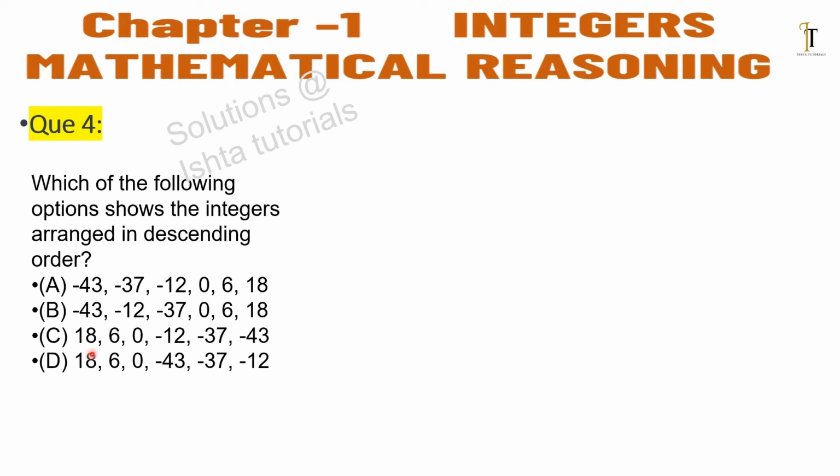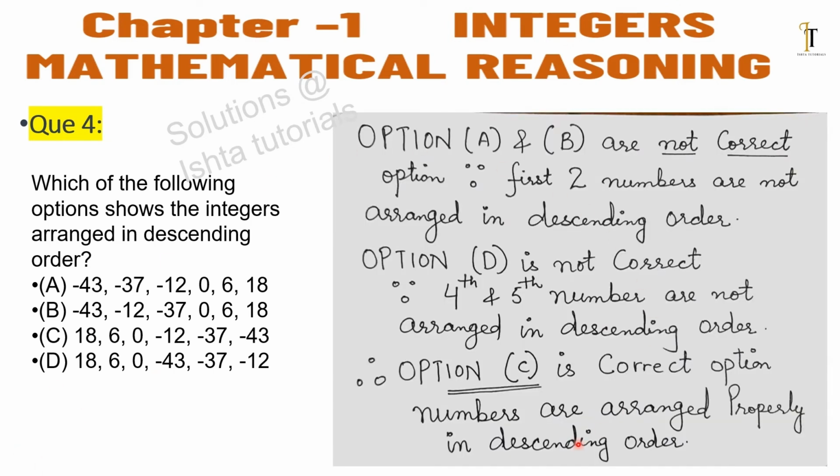Let's check option C: 18, 6, 0 and minus 12, minus 37 and minus 43. It's right. But let's check option D as well. 18, 6, 0. Here also minus 37 is bigger than minus 43, so it is wrong. So the correct option will be C, as you can see in the solution given.